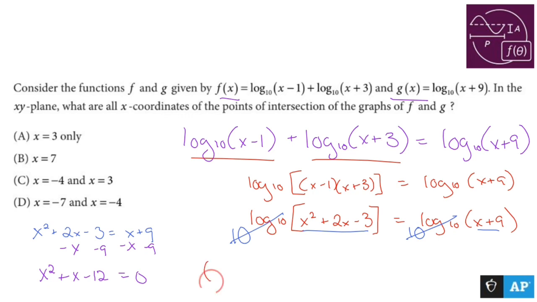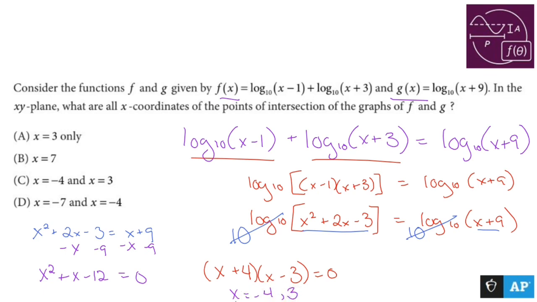Sure I can. Two numbers that add up to positive 1 and multiply out to negative 12 are positive 4 and negative 3. Set that equal to 0. Now my two solutions are x equals negative 4 and x equals 3.